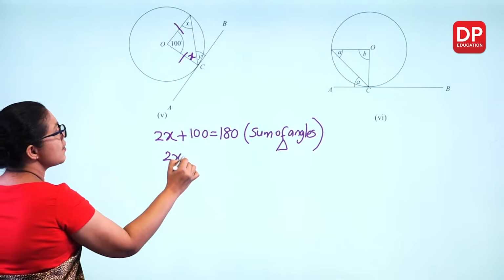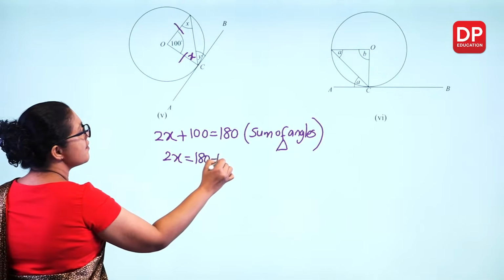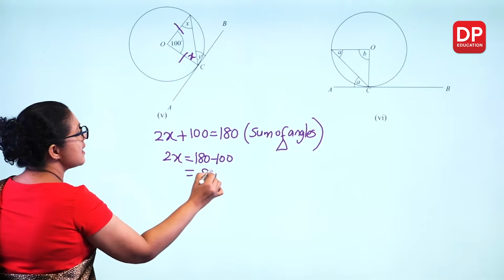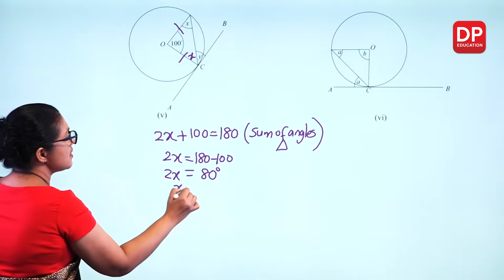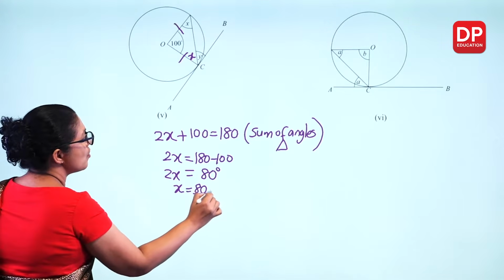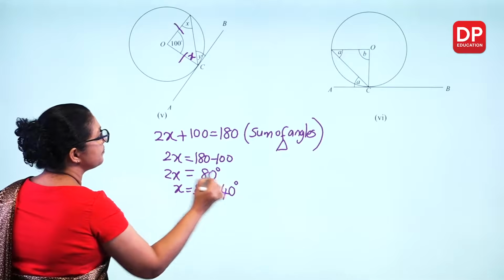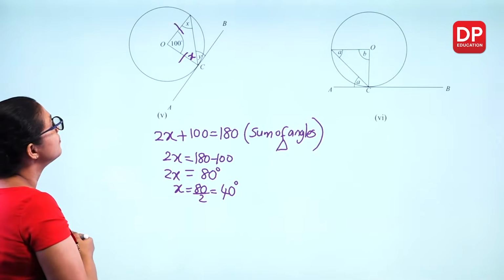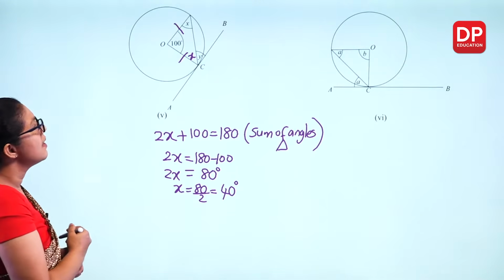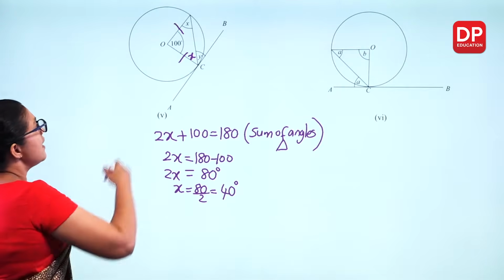So 2x equals 180 minus 100, that's 80. X equals 80 divided by 2, 40. Now that's x. How can we find out y?